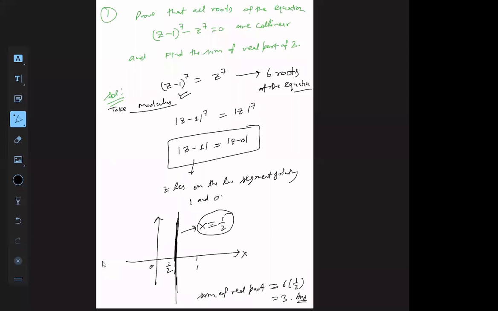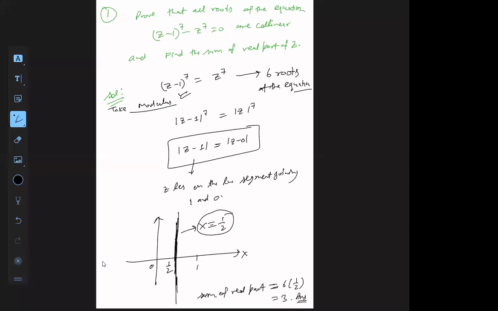बेटा ये तो लोकस मैंने बहुत पहले लिखाया था ना आपको, इंटरप्रिटेशन ऑफ मॉडुलस में. Distance of z from 1 is the left hand side, and the right hand side represents distance of z from origin.